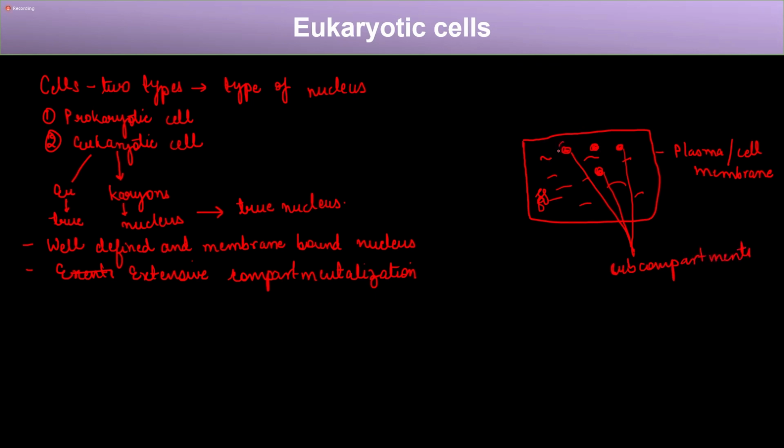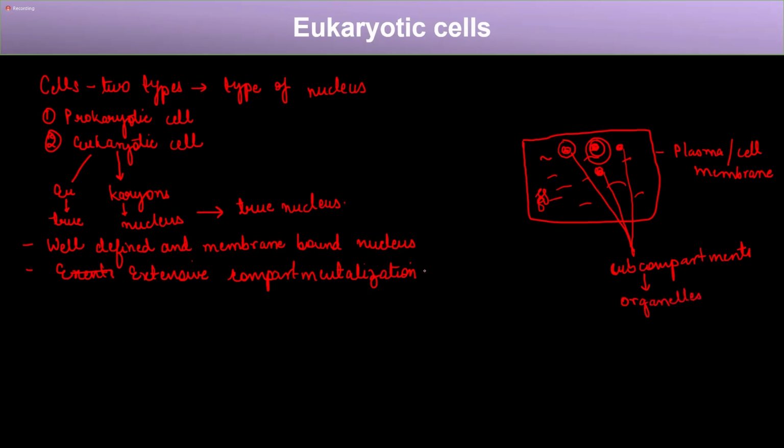Some had a membrane outside, either a single membrane or a double membrane, or did not have any membrane at all. These subcompartments were called organelles.